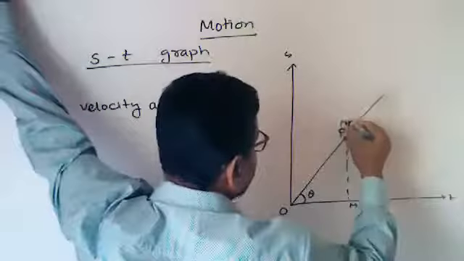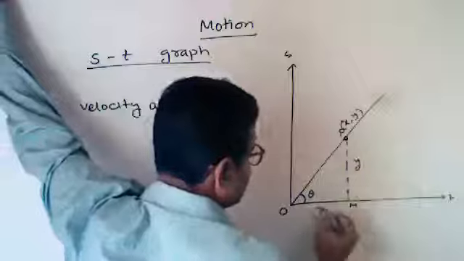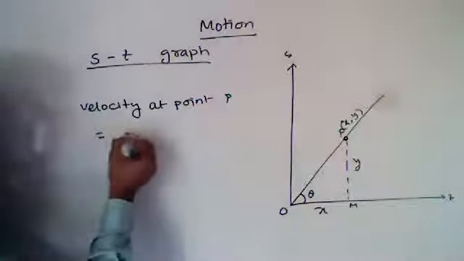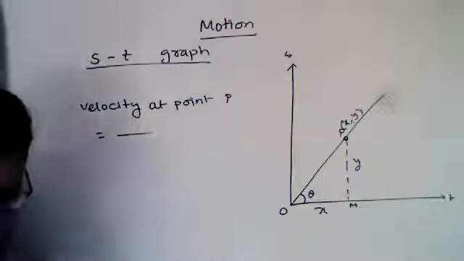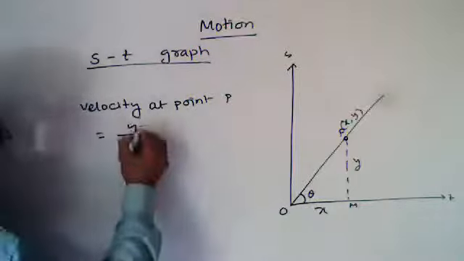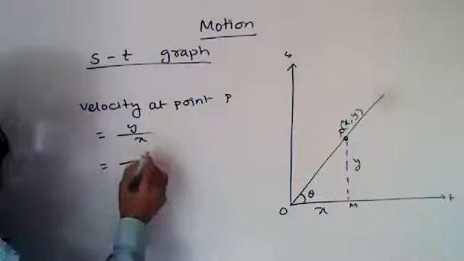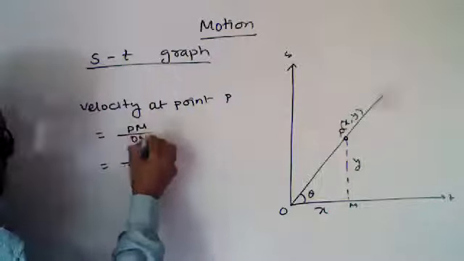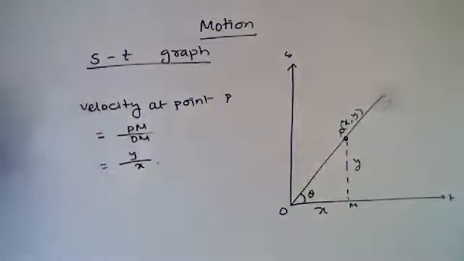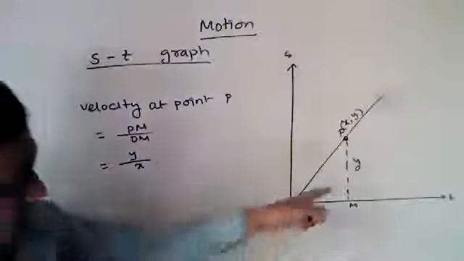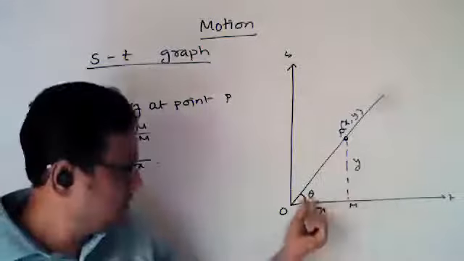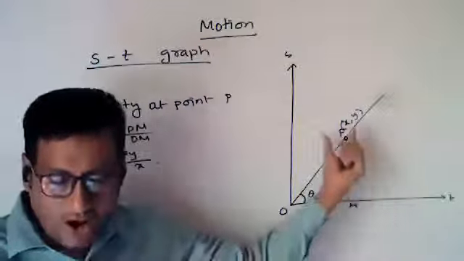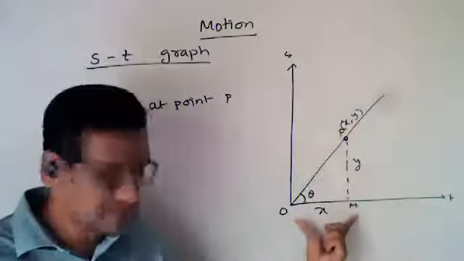Suppose this is the x and this is the y coordinate of point P. The velocity at point P, according to the coordinates, is y by x. On the other hand, you can write Pm by Om, so it is y by x. If you consider a right angle triangle with this theta, this is the opposite side, the normal, and this is the base.